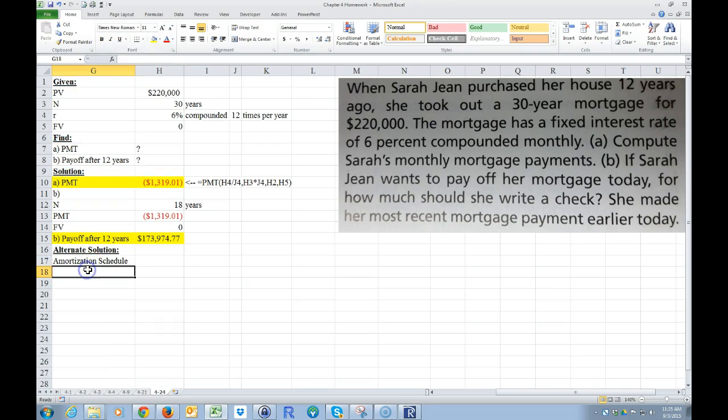For an amortization schedule, you're going to start with your period. And then you're going to have your beginning balance. And then you're going to have the interest you pay on each month. And also how much you pay in principal, how much you reduce the principal.